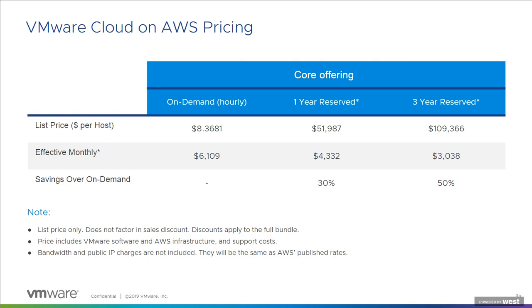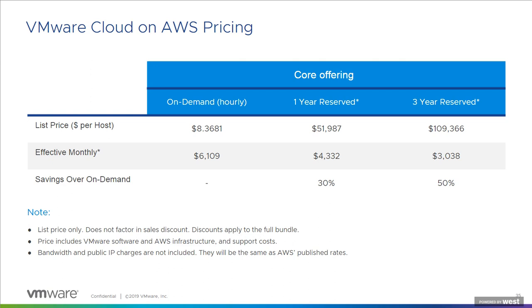These charges are aggregated at the end of the month, and you receive a bill from VMware for the services that you've used, with an additional incremental charge for things like elastic IP addresses and network bandwidth. So when you see that the charge is $8.37 per hour, it's actually quite compelling.